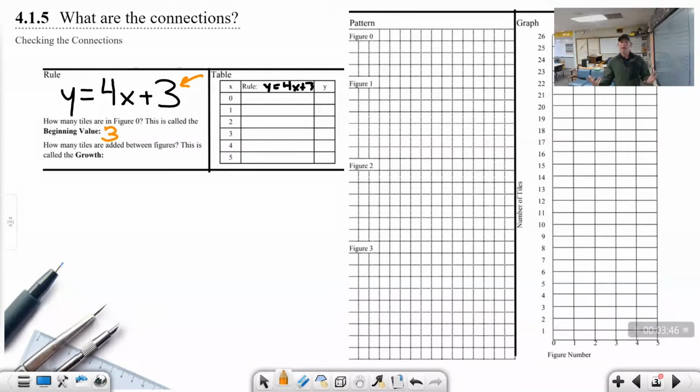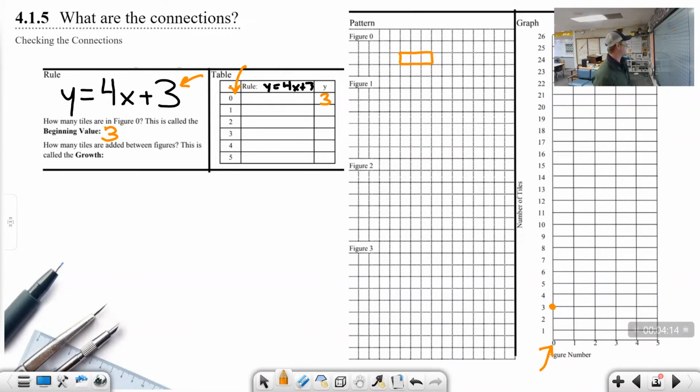Now notice, I know that is also in my table. If this is figure 0, this has 3 tiles. If I were to draw that as a tile pattern, I could draw 3 tiles. If I were to go to my graph, I know that figure 0 has 3 tiles.